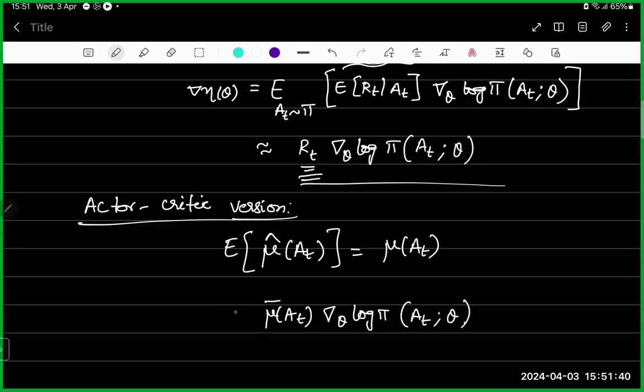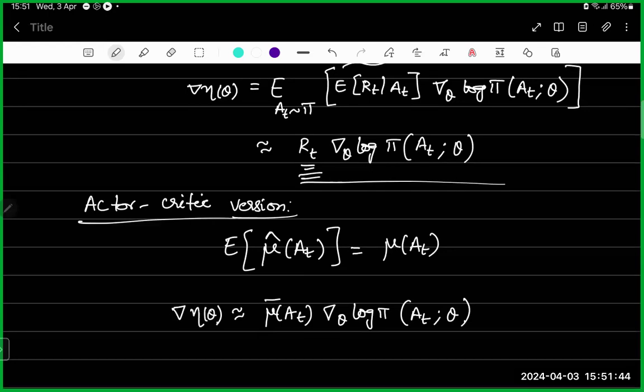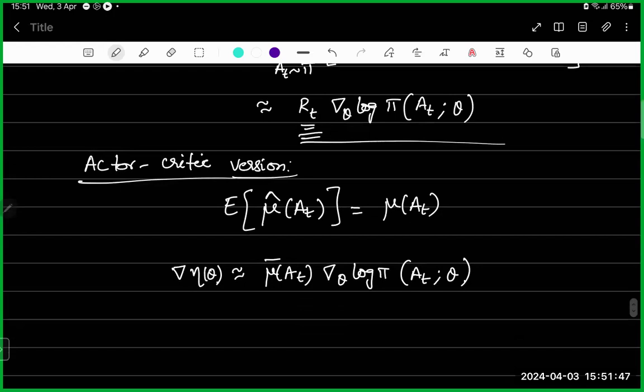This is what we'll substitute instead of the gradient, which is the actor-critic version. Here the estimate that we take is the sample average.